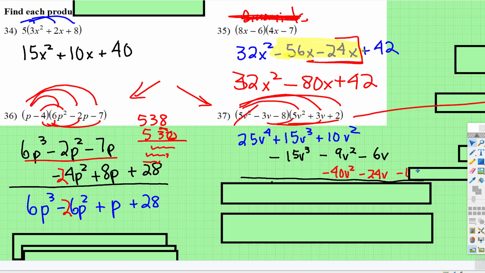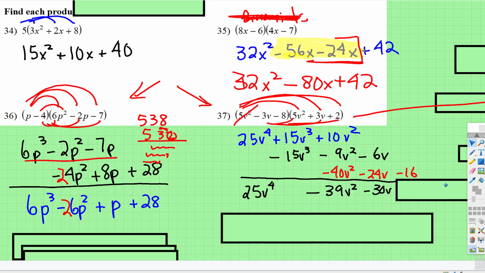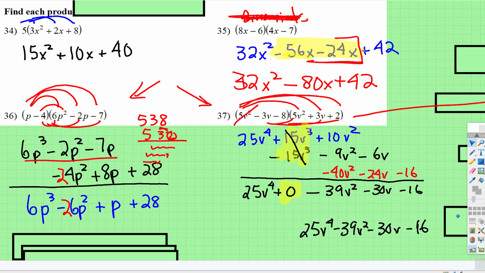And I do that with each of them. And then I add up the columns. And look, when I add up this column, you could put a plus 0 there, I guess, if you want. Those cancel. And then I add up all those columns, then I simplify, and that's what we have. That's it with operations of polynomials. We'll get to division later, but for addition, subtraction, multiplication, hopefully this has been helpful.